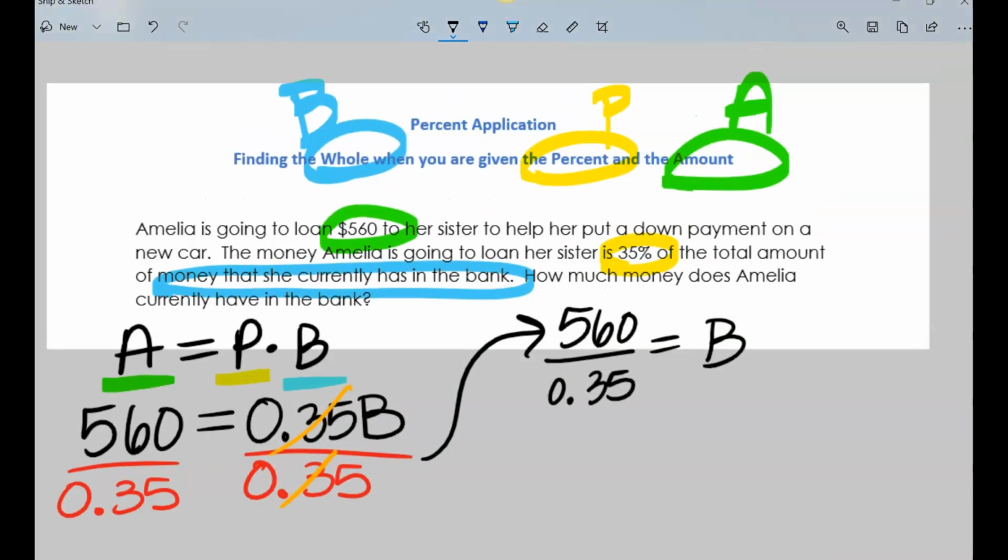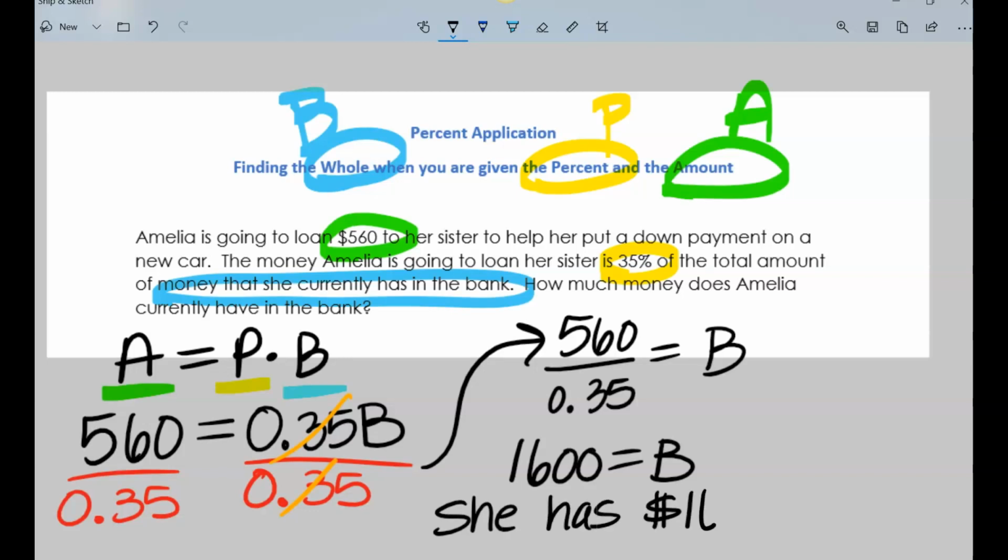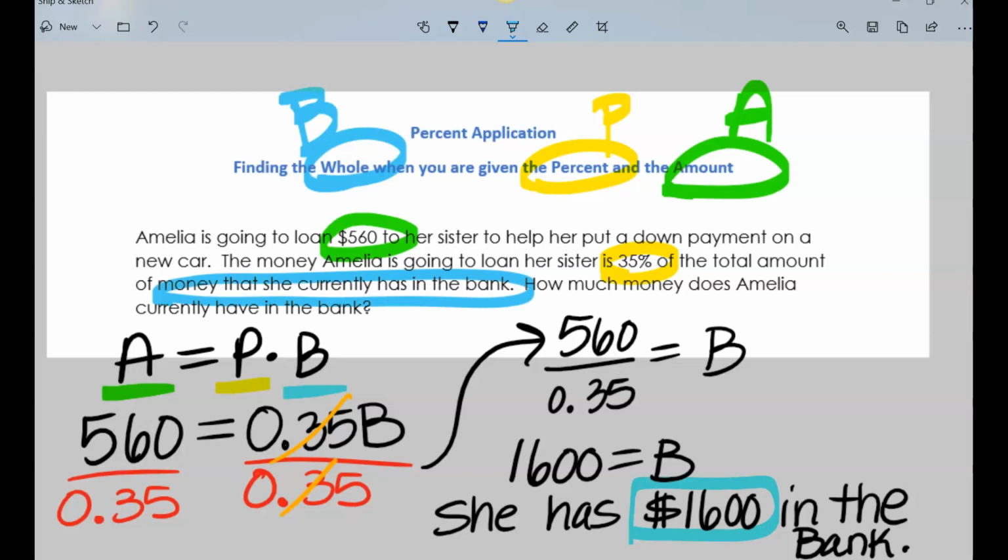So that means she has $1,600 in her bank account right now. So she has $1,600 in the bank. Okay, so that is going to be my answer, the $1,600.